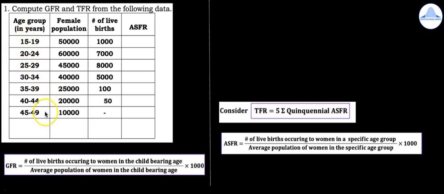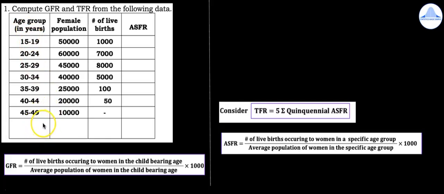So in this problem, it is easy because they have considered only the age groups 15 to 49 years, but in certain problems they will give age groups prior to 15 to 19 and after 49 years also.